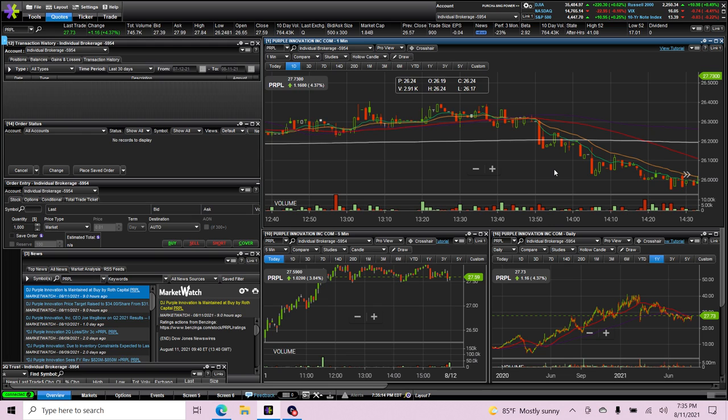Let's see. I think that's the gist of it. There's pretty much two types. There's the simple moving average, and there's the exponential moving average. The difference is the exponential weighs the most recent more. What's happened most recently weighs more, like for instance on the 200.